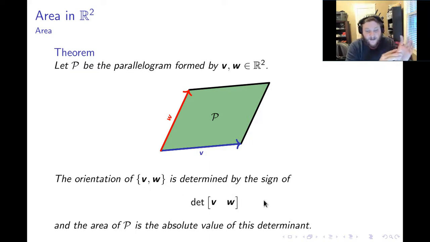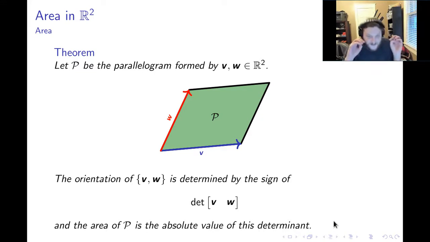If the sign of that determinant is positive, that list is positively oriented, and if the sign of that determinant is negative, then the list is negatively oriented, and if the determinant is 0, that means the 2 vectors are linearly dependent. Furthermore, the area of the parallelogram is the absolute value of this determinant.